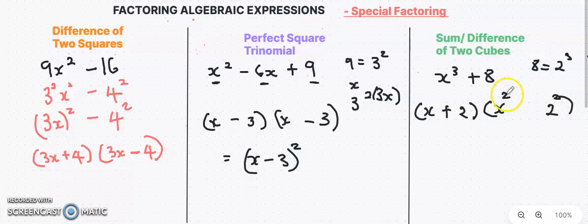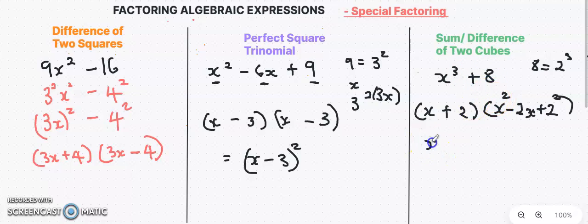So the square root of x squared is x, and the square root of 2 squared, which is 4, is 2. So we have 2x in the middle. So for the signs, since this is positive, this is going to be the opposite sign, which is negative, and this is always positive. So this is how we factorize the sum of two cubes.